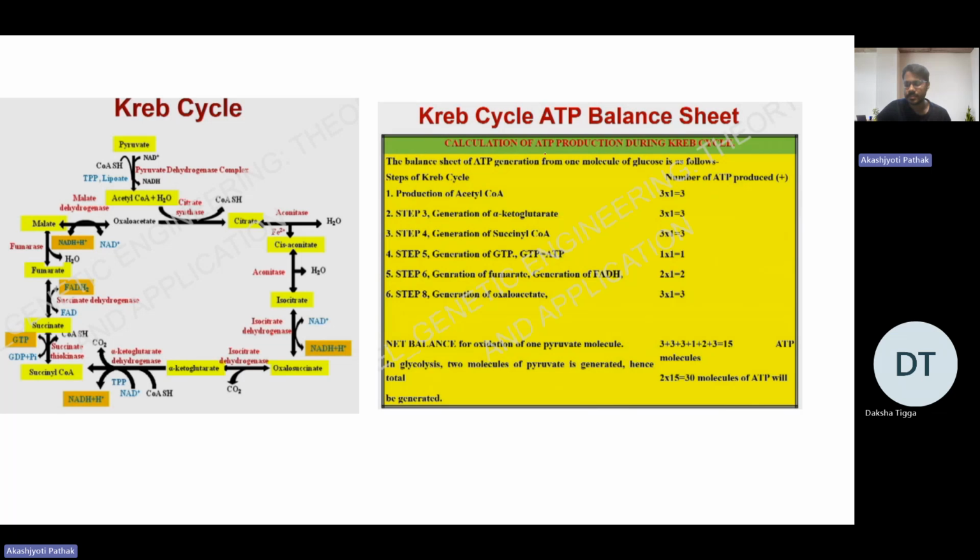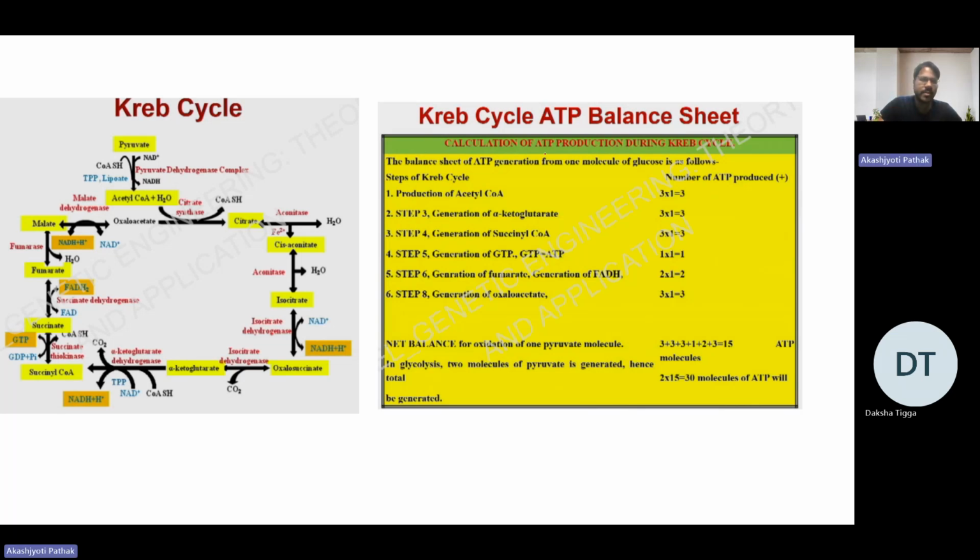Acetyl-CoA has 2 carbons, while your oxaloacetate has 4 carbons. That is why 4 carbon plus 2 carbon gives you a 6 carbon compound, which is citrate. CH3COO-CoA, so that is acetyl-CoA.